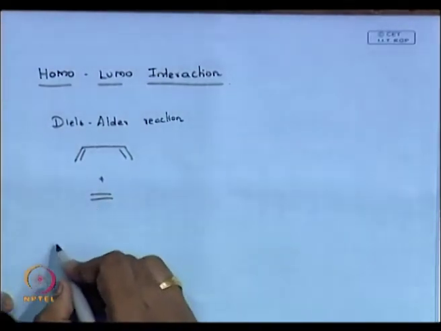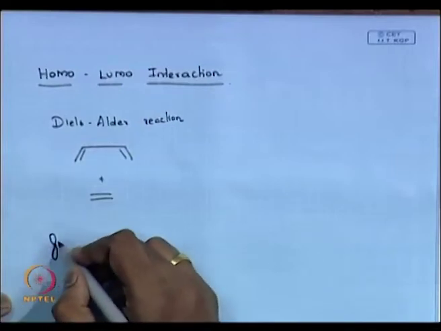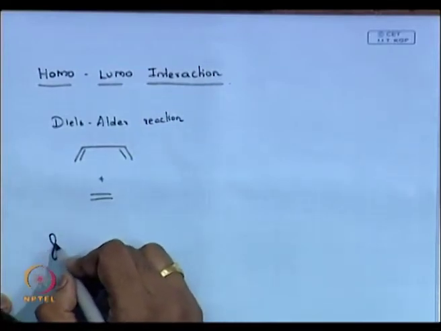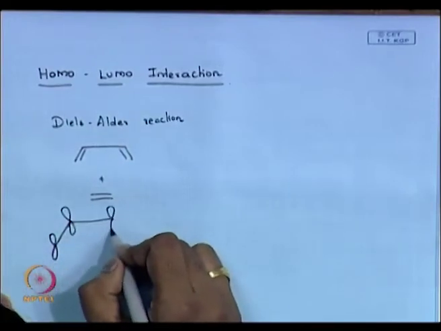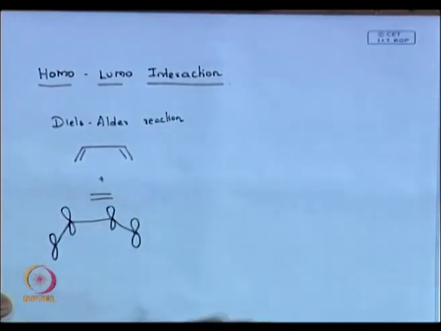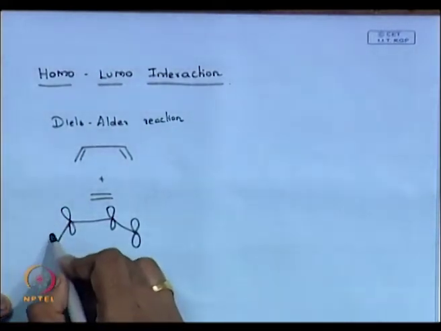So, if we draw the structure, we will draw the HOMO of your butadiene.